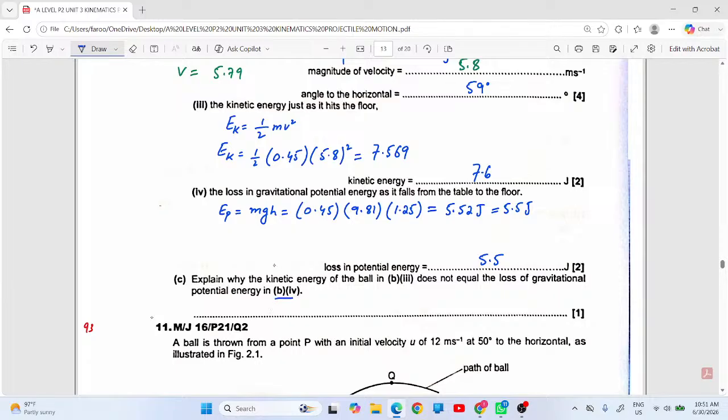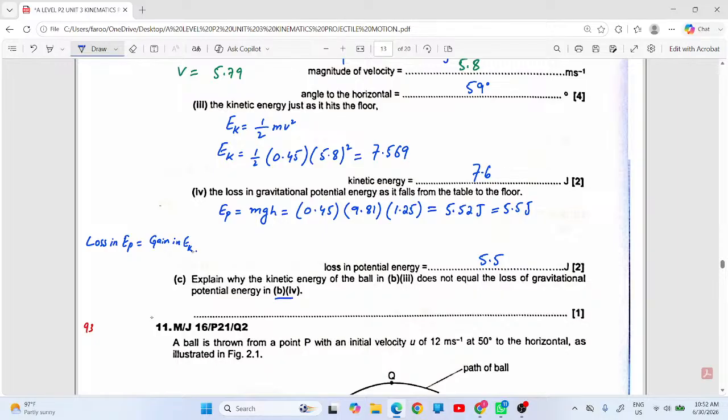मैं भी यही सोच रहा था. Final kinetic energy is greater than the potential energy. Normally तो यही होता है ना कि loss in potential equals gain in kinetic.